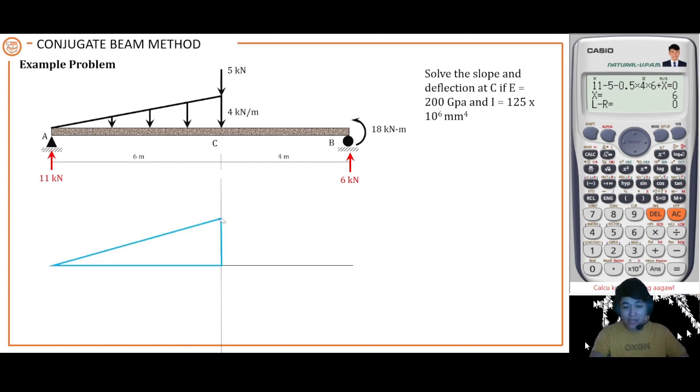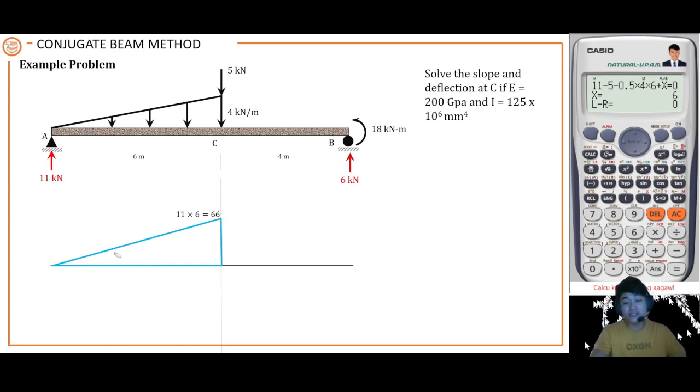So a concentrated load will give us a triangular moment diagram by parts. The highest intensity will be equal to the moment of this 11 about your reference point. We have 11 times 6, that is equal to 66.